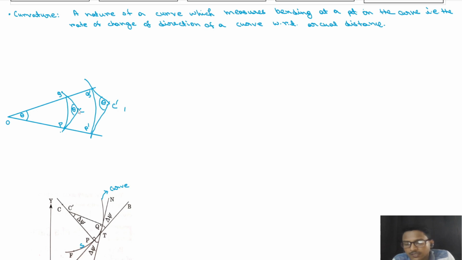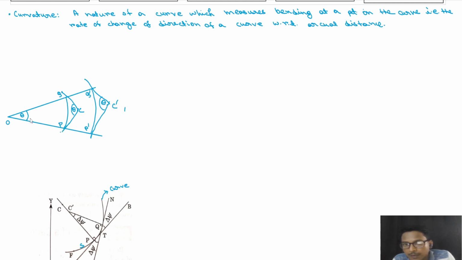Now see, this theta is nothing but the change of direction of the curve from P to Q. Why? Because the directions are directions of the tangent. Now if CP and CQ make angles with the positive x-axis, then their difference will be theta, and similarly for the angles made by C dash P dash and Q dash C dash with the positive x-axis, their difference will also be theta.